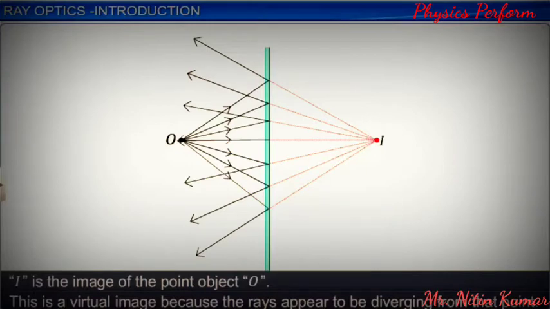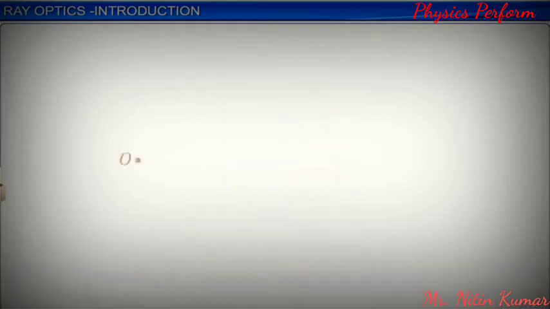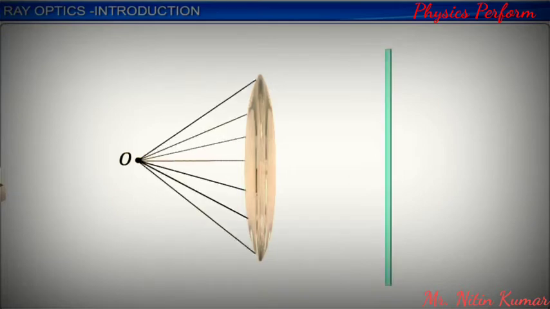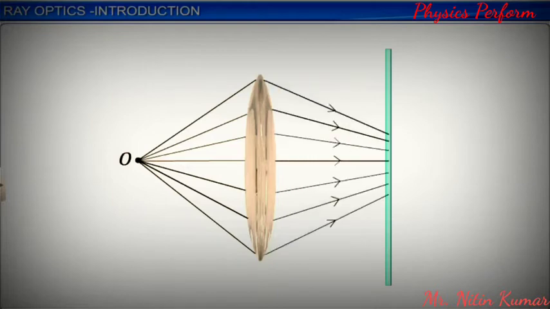If a converging lens is placed between the object and the mirror, light rays, after passing through the lens, form a converging beam. When this converging beam of light is incident on the plane mirror, after reflection, they converge to a point and form an image I'. Since the image is formed by actual convergence of light to a point, it is known as a real image.